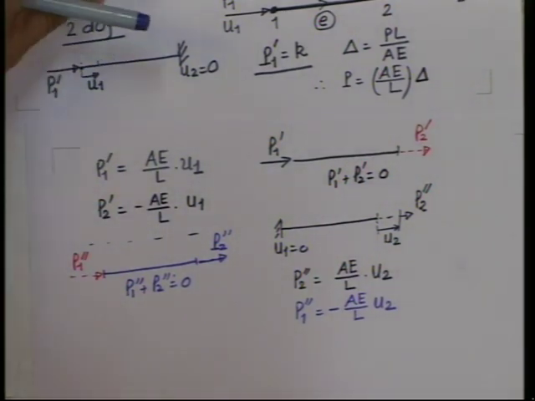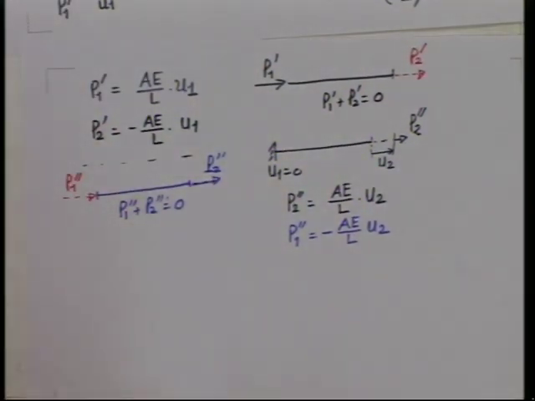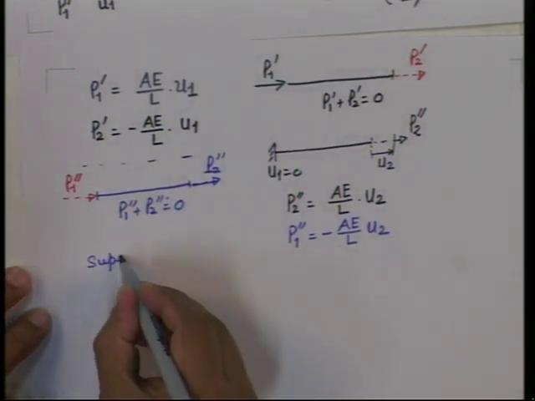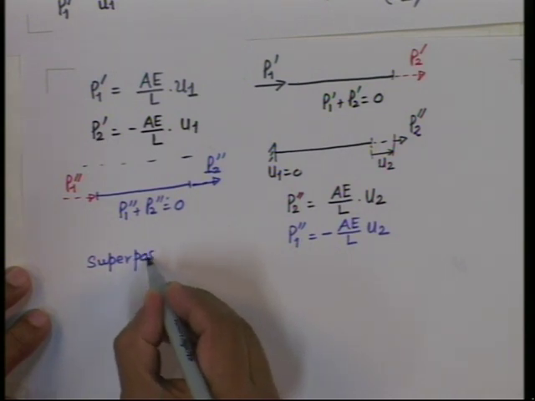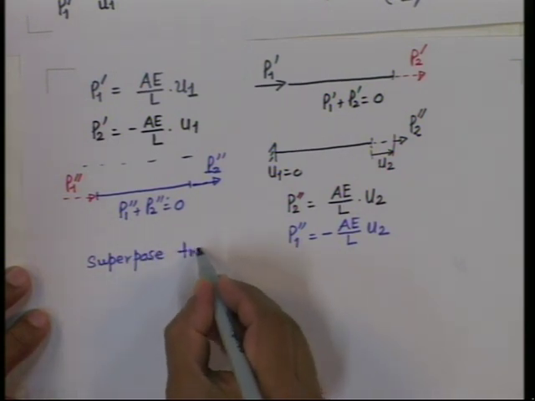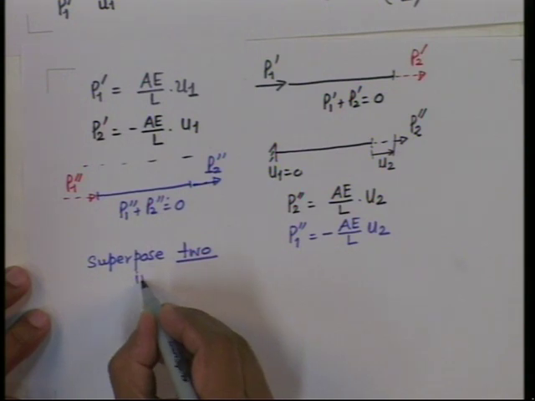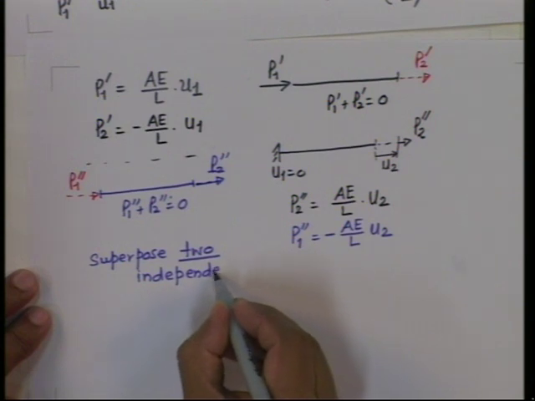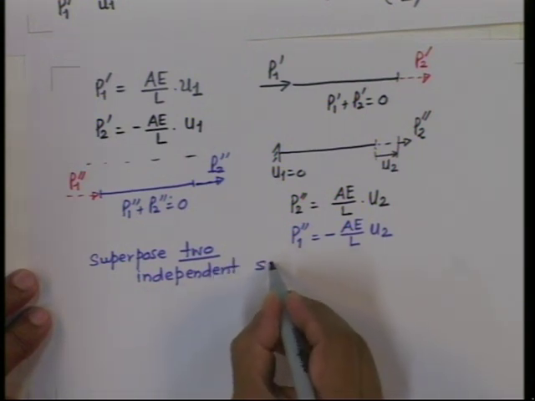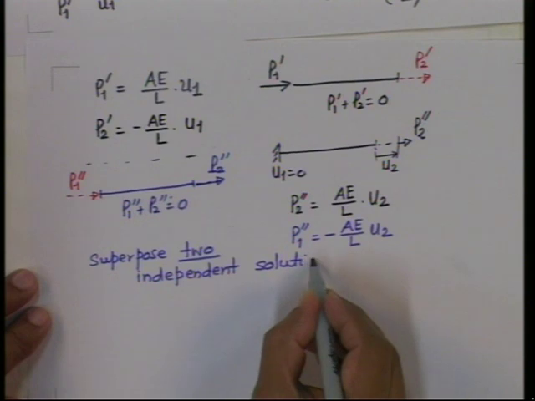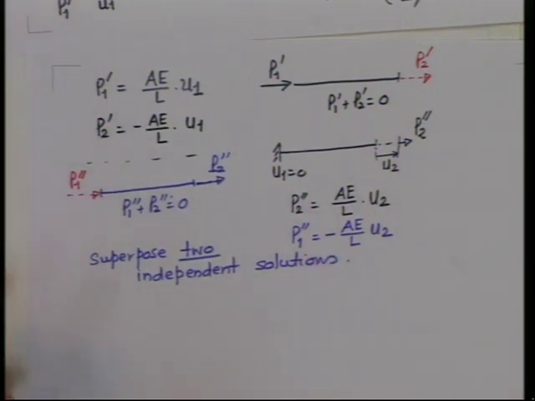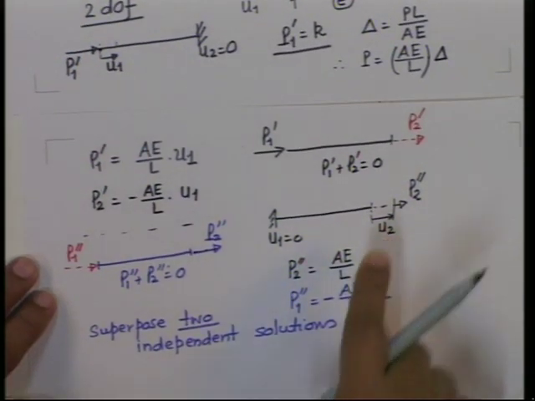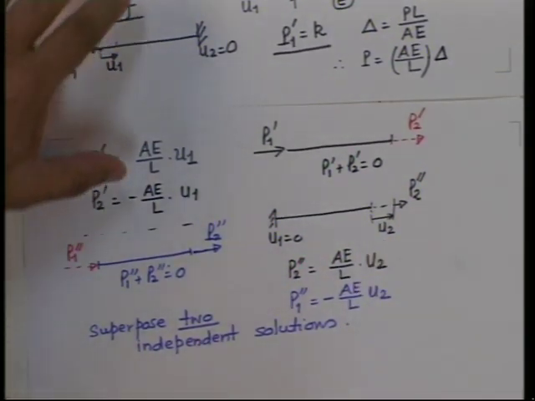If I superpose these two solutions, because the first one has only U1 and the other has only U2 displacement, I will have both the displacements.